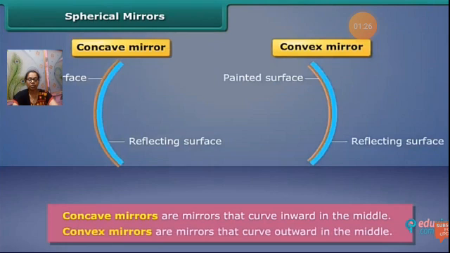Now let's see an example. Concave mirrors reflect light from their inner surface. You know that a concave mirror is curved inwards, and it reflects light from its inner surface, like the inner side of the spoon.